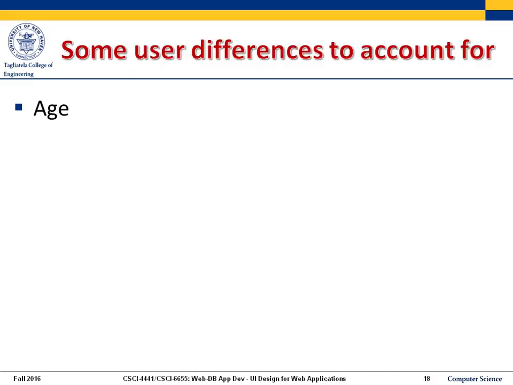So, what do you have to account for? Just off the top of my head, age. Gender: if you're going particularly for women versus men, there are things that might appeal to women that don't appeal to men and vice versa. Native language, obviously. The web has been basically English, but that's not so true anymore.